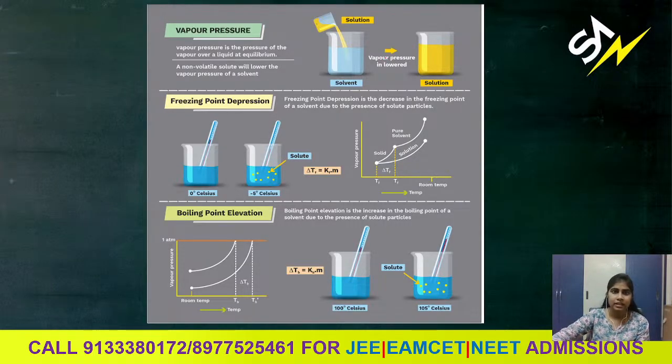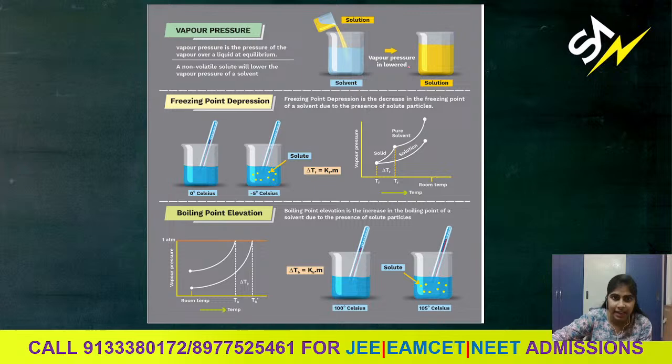You can see here how vapor pressure, freezing point and boiling point will be affected. Here in this picture you can see this vapor pressure. If we add solution and solvent mixture, because of the relative lowering of vapor pressure, this type of solution will be formed here.